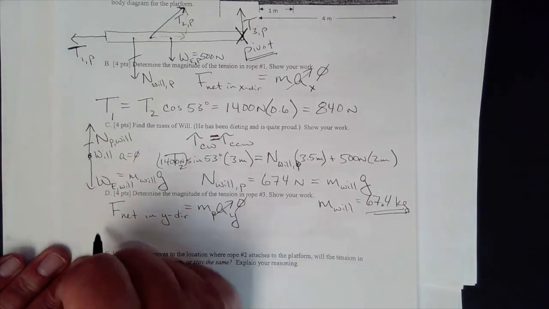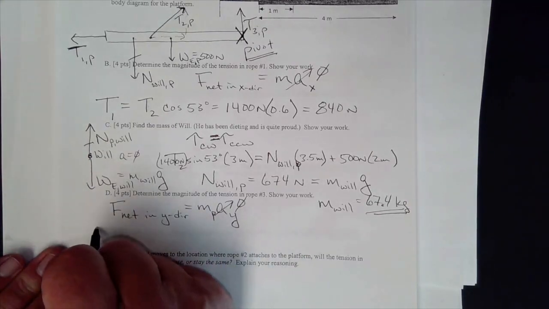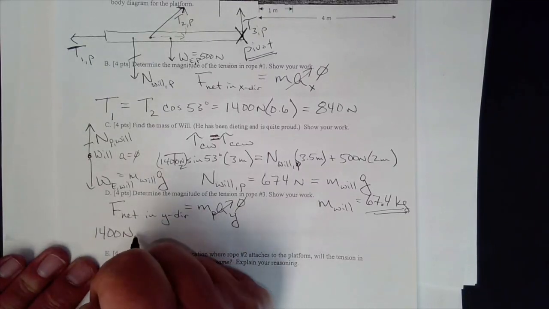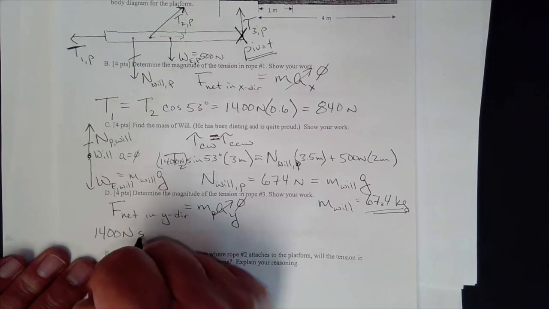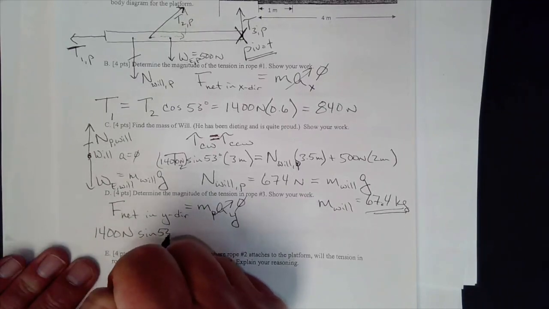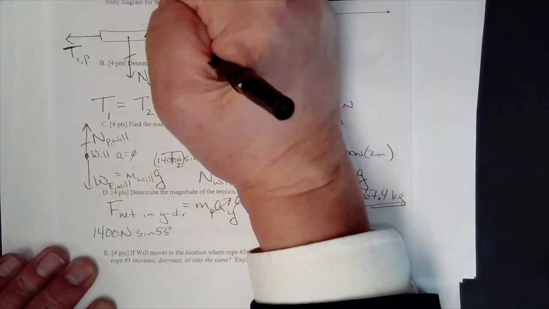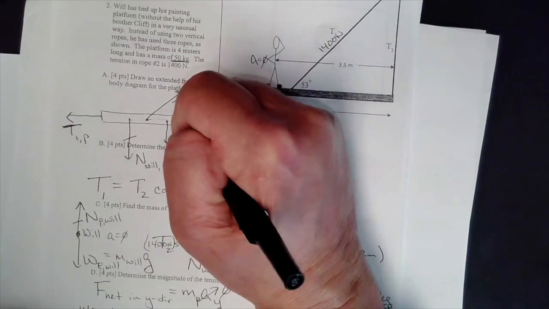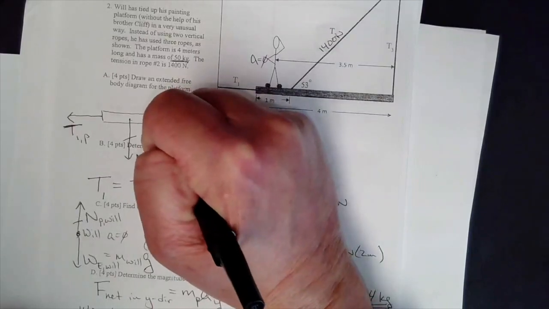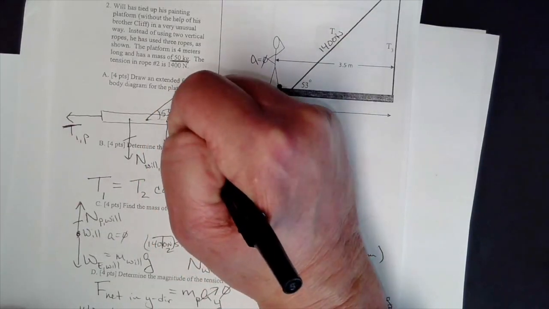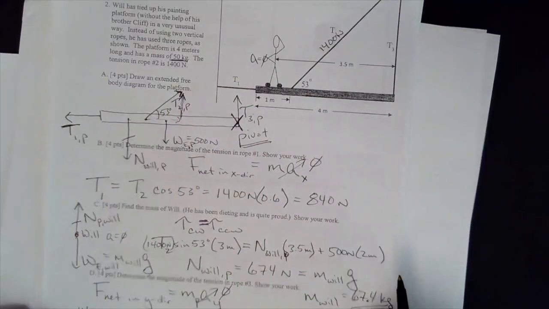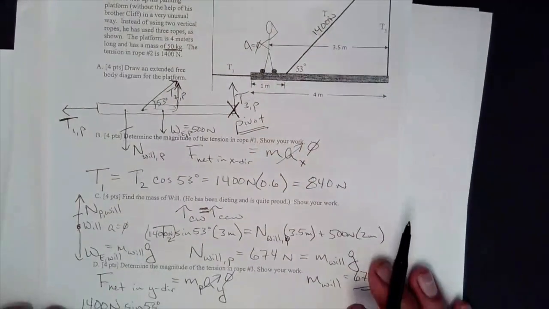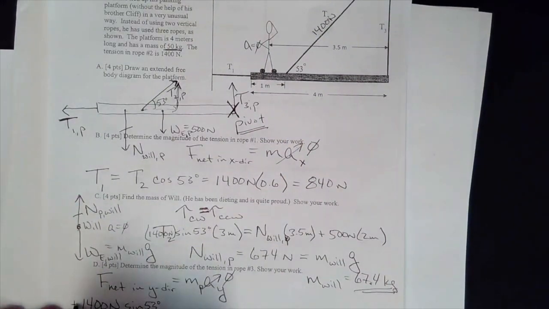We have the 1,400 newtons times the sine of 53 degrees. Okay, that's this vertical component. If this is 53 degrees, that's going to be this vertical component of that T2. And that's up, so that's positive.